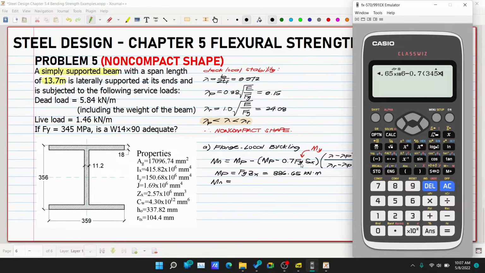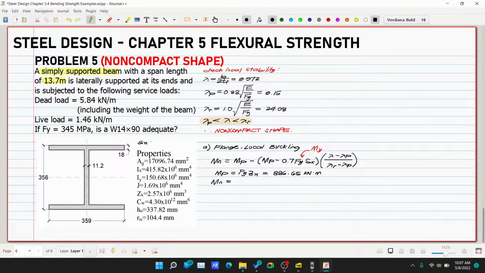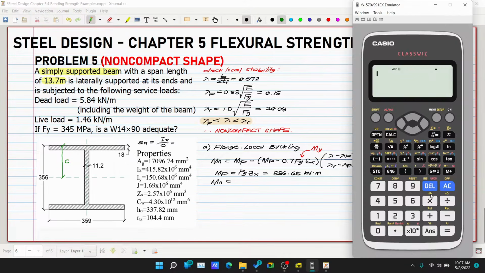Okay, so hindi pa natin nasasolve ang Sx, no? Ang Sx natin is Ix over c. Ix over c. Ang ating c dito is yung kalahati ng 356 since double symmetrical naman siya. So, 356 over 2.